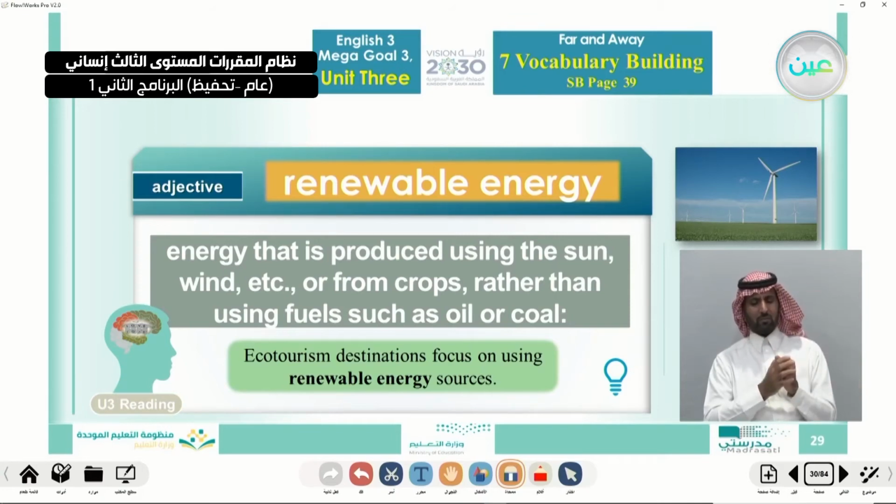If you use fuel that is not environmentally friendly, you know, fuel usually involves burning, and it will have a bad effect on the planet in general and on the environment. Ecotourism destinations focus on using renewable energy sources. Okay, like الطاقة الشمسية, for example, solar energy is considered renewable energy because it doesn't depend on burning like fuels or coal.